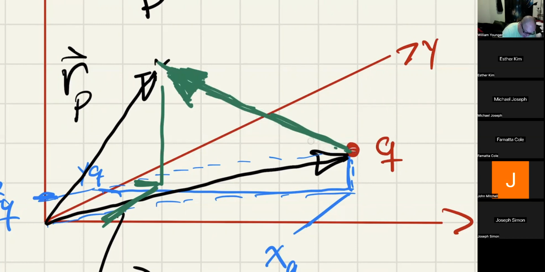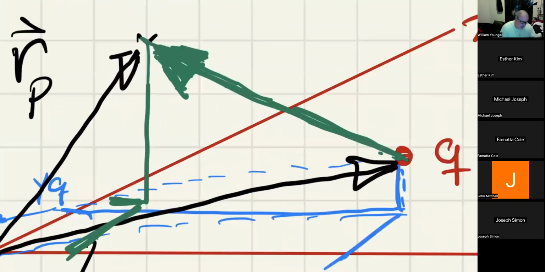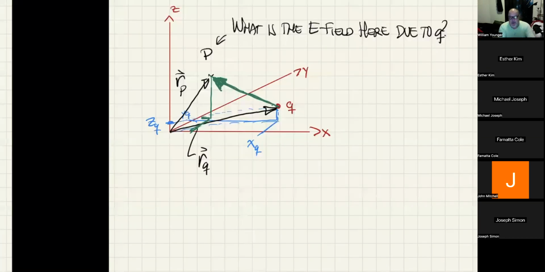So what we want to do is subtract these vectors. The point of the electric field is that it will always point in the direction that a positive charge would feel compelled to move if it was placed in it.